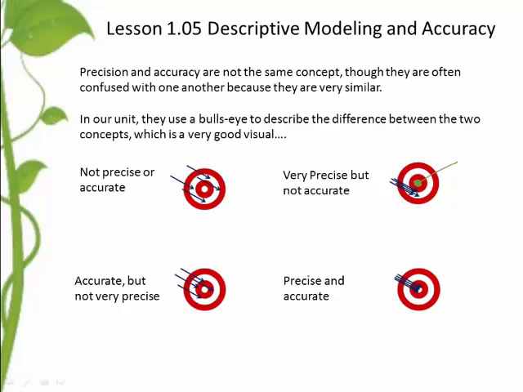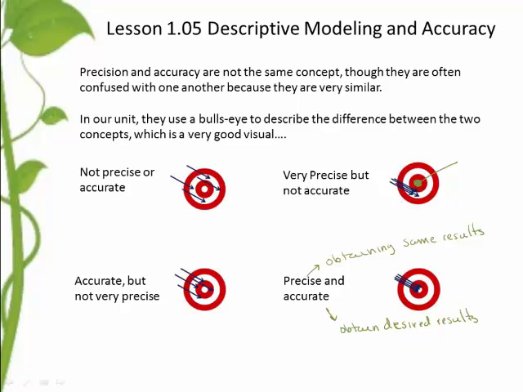Okay, so precision is more about obtaining the same results over and over again. Accuracy is obtaining desired results.